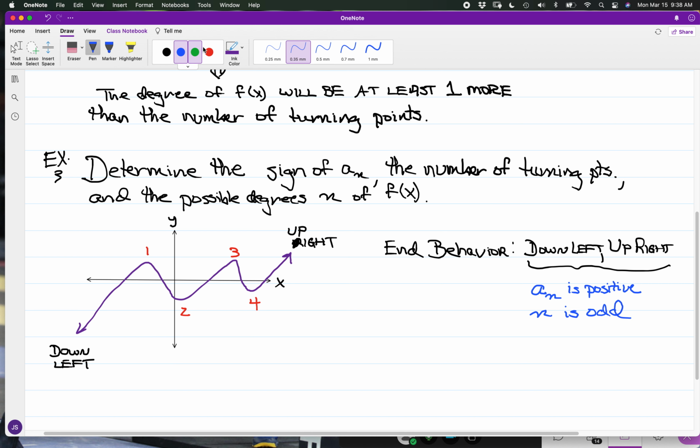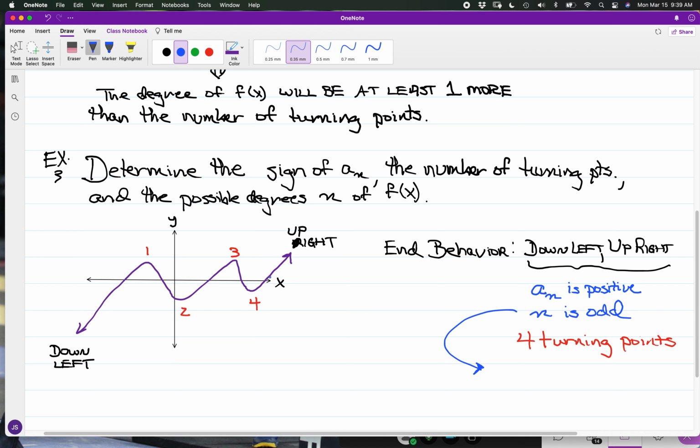And for the combined number of relative maxima and minima, we have 4, so we're going to have 4 turning points. And again, the degree n is odd.